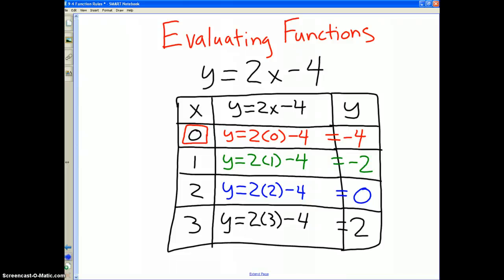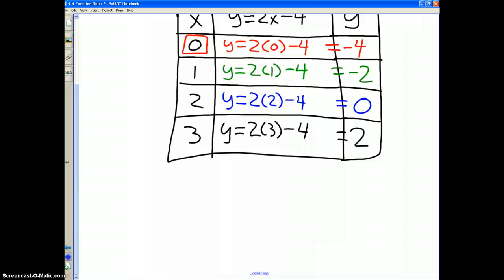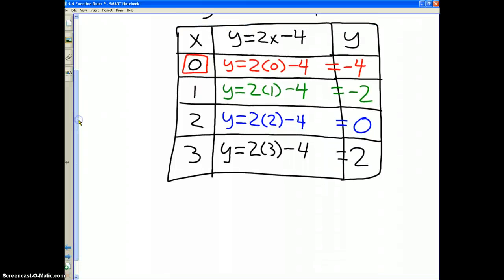Minus 4 is 2. Now with this table, we can see that this right here would be our sequence. Our sequence would be negative 4, negative 2, 0, and 2.